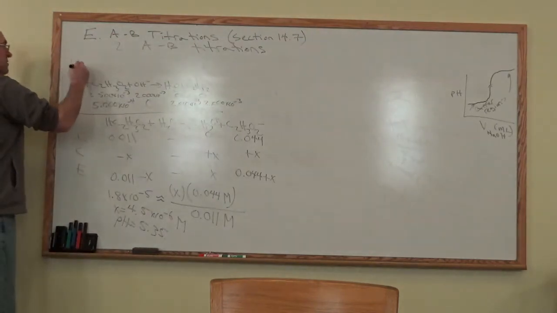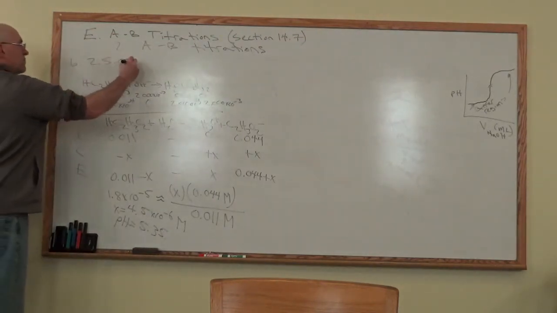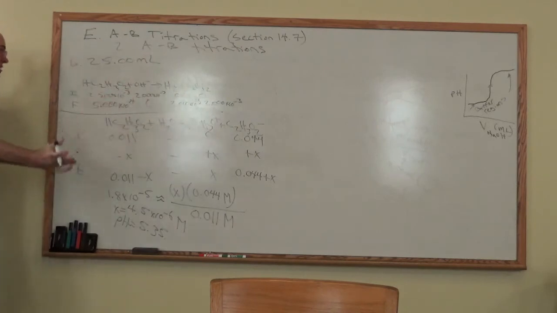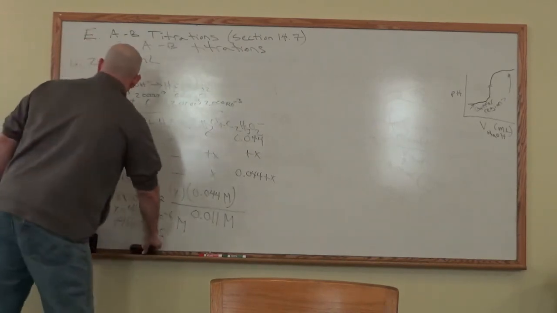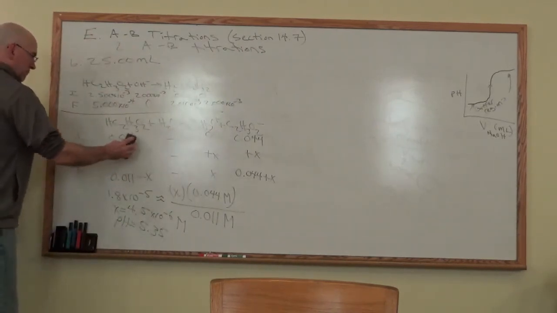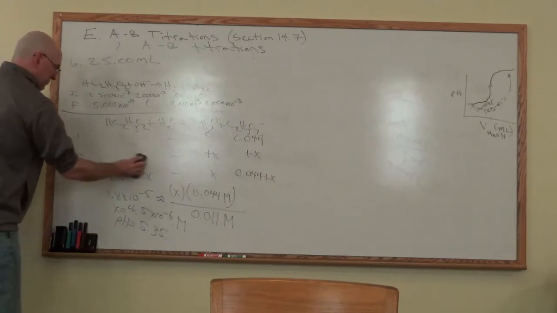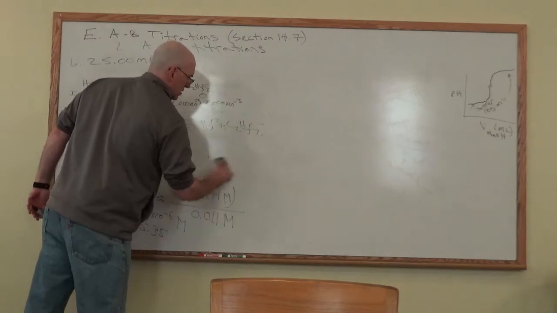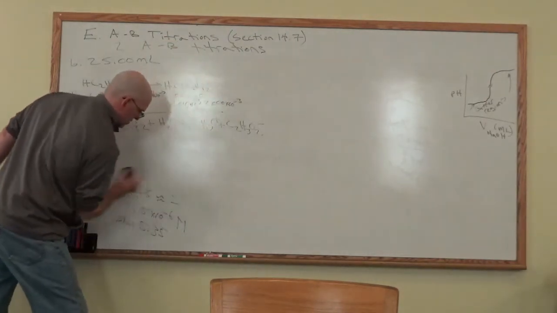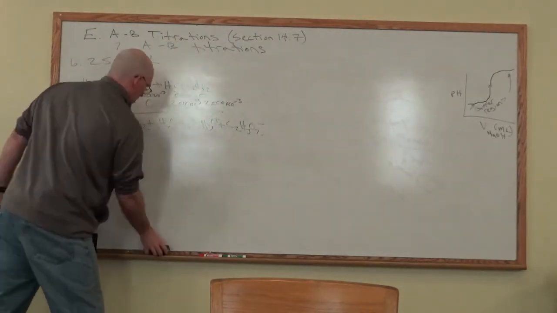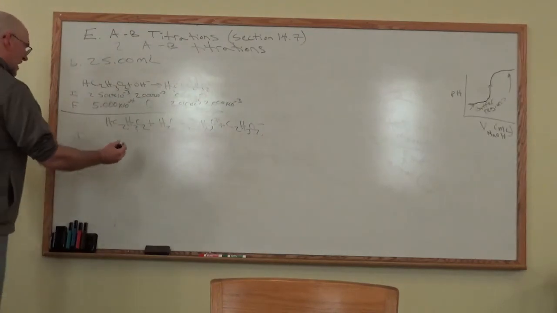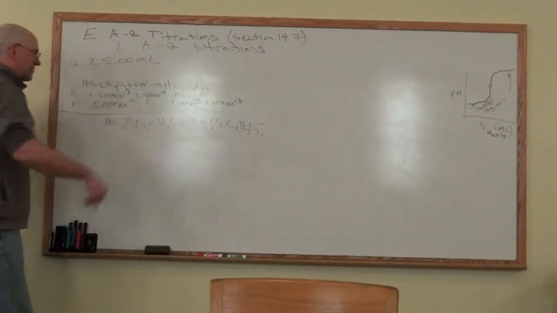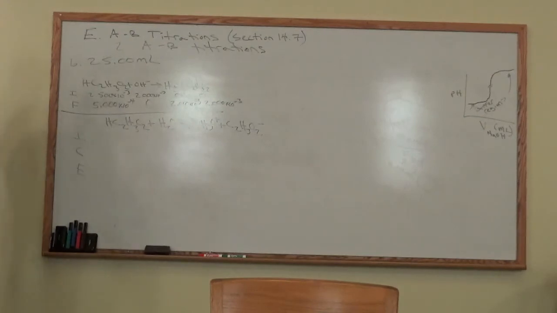So this is B, 25 milliliters. So this is at the equivalence point. Maybe this will be the same equilibrium, so I'm just going to leave all that for now. Okay, so this is at the equivalence point.